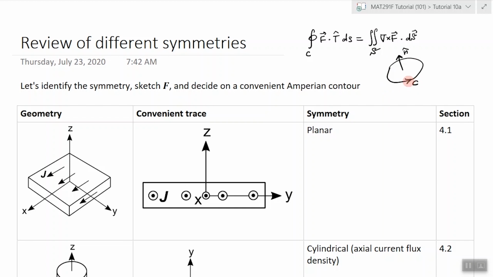So your fingers would align with the contour and your thumb should align with the normal vector to the surface.